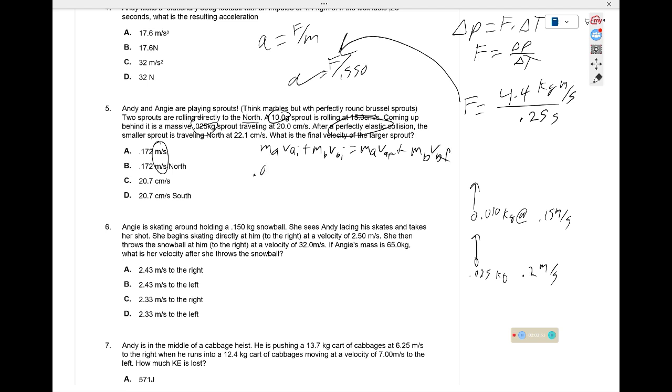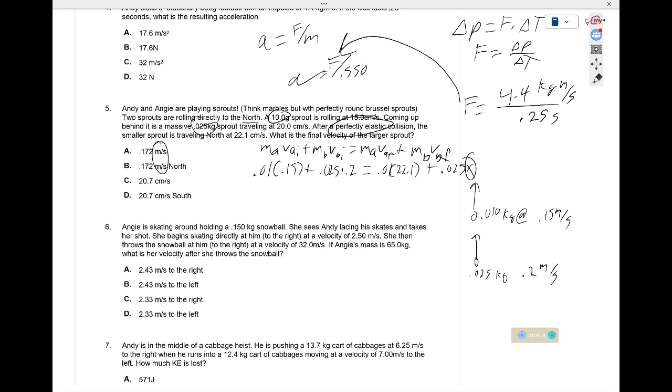So this is going to be 0.01 times 0.15 plus 0.025 times 0.2 equals 0.01 times 0.221 plus 0.025 times x.